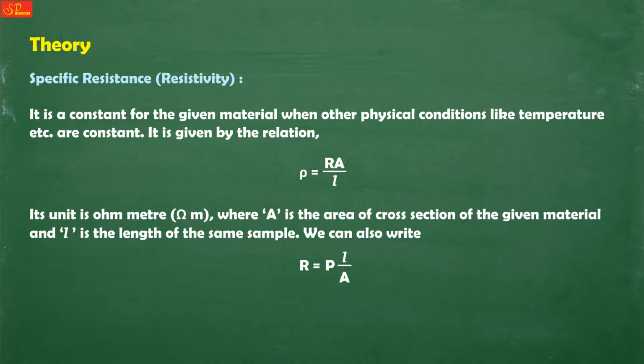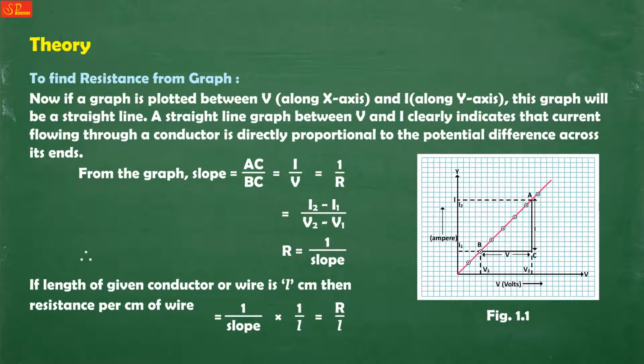To find resistance from graph. Now, if a graph is plotted between V along x axis and I along y axis, this graph will be a straight line. A straight line graph between V and I clearly indicates that current flowing through a conductor is directly proportional to the potential difference across its ends.